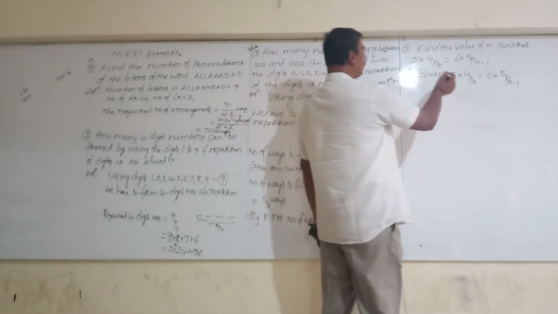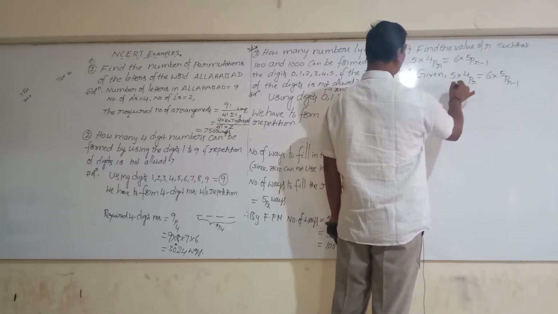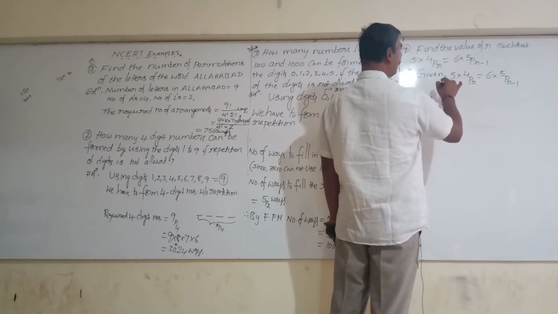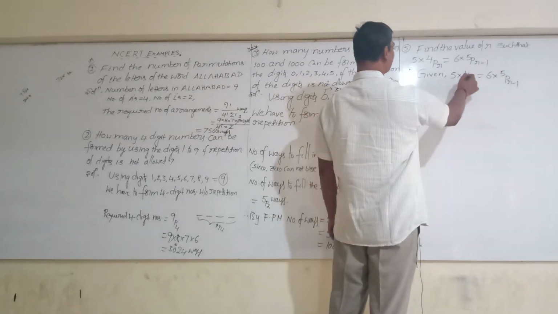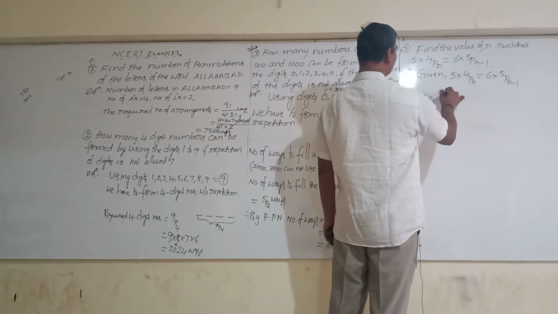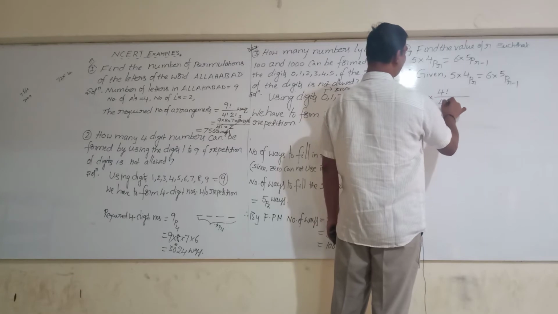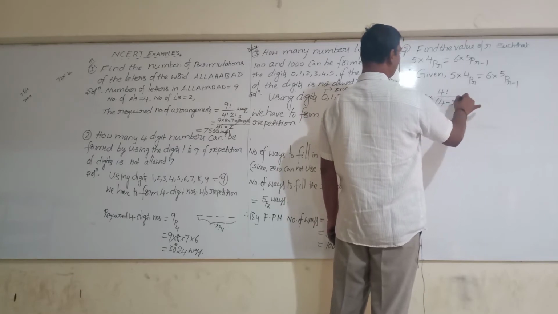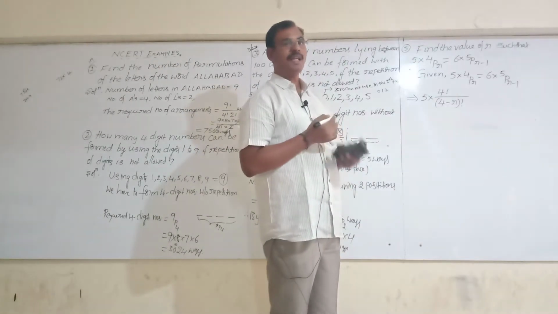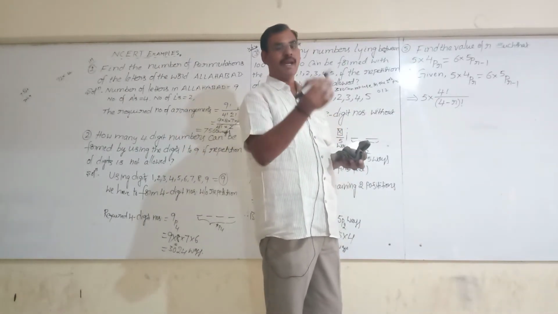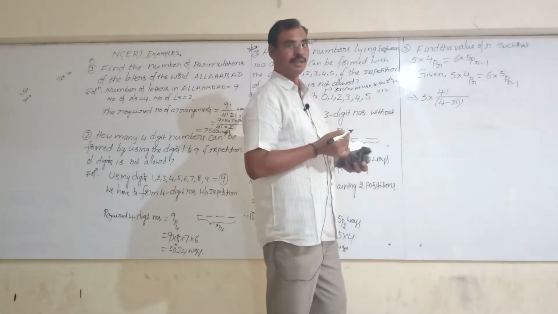Now using the permutation formula, 5 into 4Pr, remember the formula n factorial upon n minus r factorial. We get r as the unknown number: 4 factorial upon 4 minus r factorial. This is the nPr formula: nPr is equal to n factorial upon n minus r factorial.